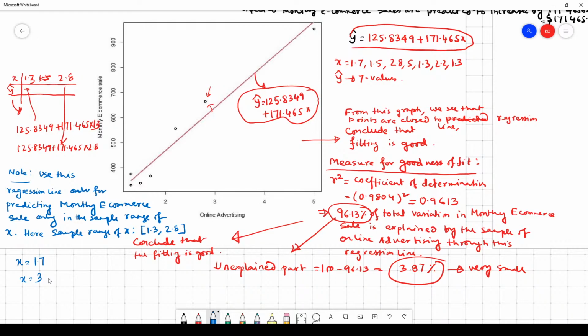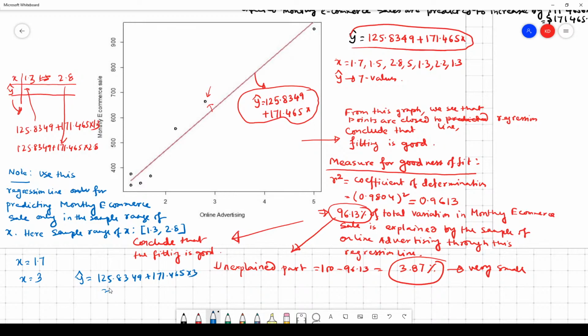If you find a question where people ask, what is the predicted value of Y when X is equal to 3? For this example, you show the computation of how to predict this value: 125.8349 plus 171.465 into 3.